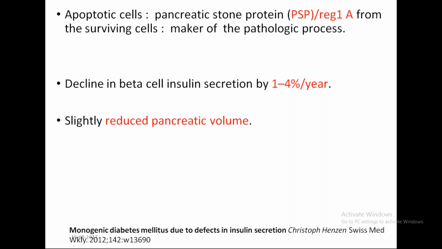And apoptotic cells, pancreatic proteins, which are gene proteins, are also involved and are markers of the pathological process. And there is a decline in beta cell insulin secretion by around 1 to 4% per year, and there can be slightly reduced pancreatic volume.